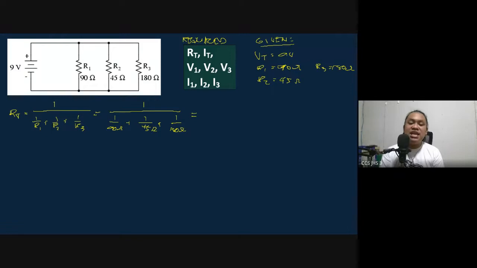In case the number after the second decimal place is 5 and up, we can round it off. But in our case, the number after the second decimal place is 4, so we will not round it off anymore. So our answer is 25.71 ohms. Write it inside the box.